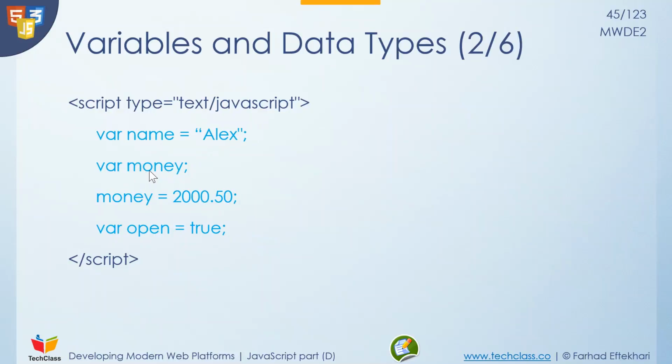Right now it doesn't have any value, but then in the other line I'm assigning the value 2000.50 to money, and then here you can see for open I assign the value true. So this one is being considered as a string variable, this one is a number, and the other one is a boolean variable. So JavaScript itself can somehow understand the type of a variable and then assign values to the variable.